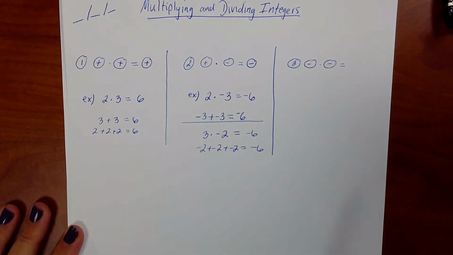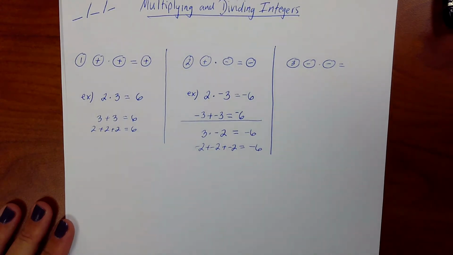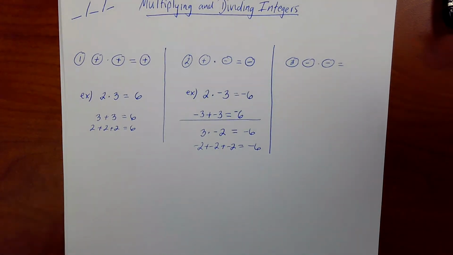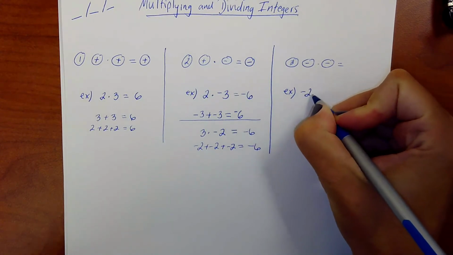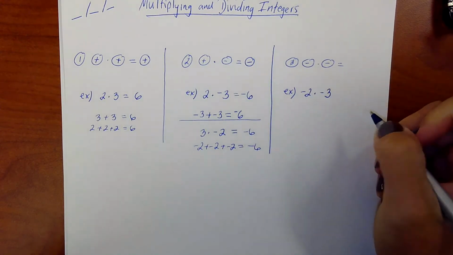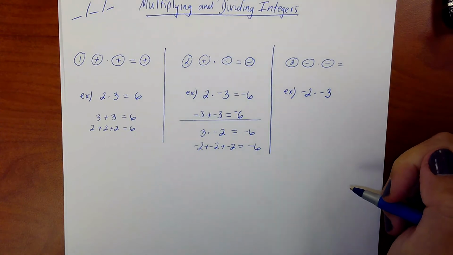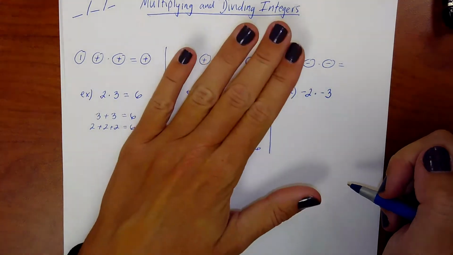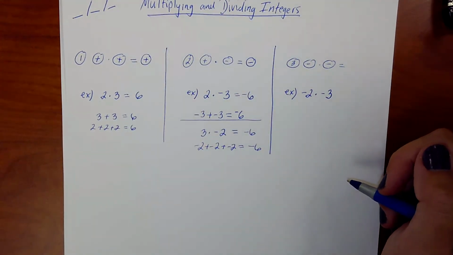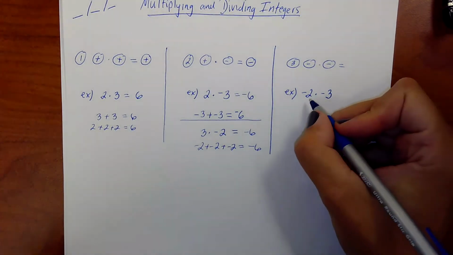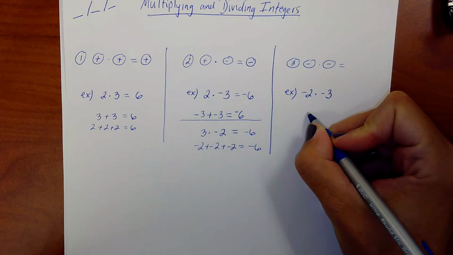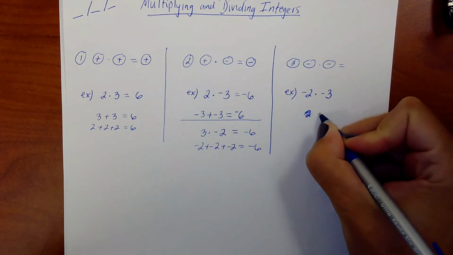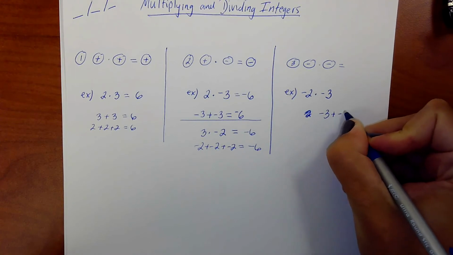Okay? And then multiplying two negative numbers together. This is the hardest one to explain, but I'll try. So if we had negative 2 times negative 3, it's almost like I ignore that first negative. So if I ignore the first negative for a moment, I've got two groups of negative 3. Oh, I'm sorry, two groups of negative 3. Someone's knocking.